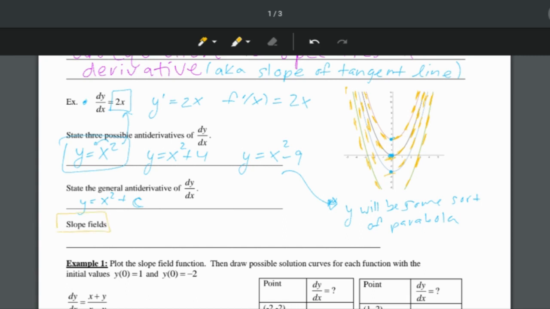So we can say slope fields are a visual diagram of the slope of the original graph at any given point.